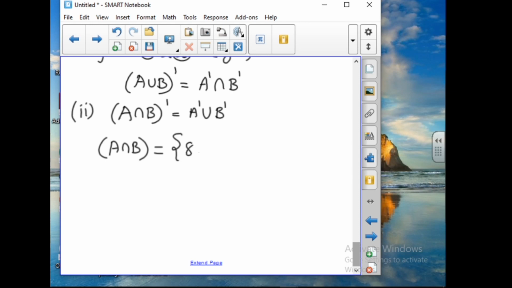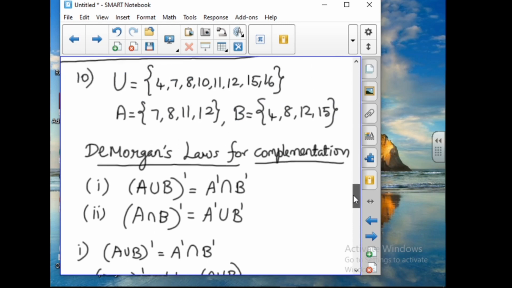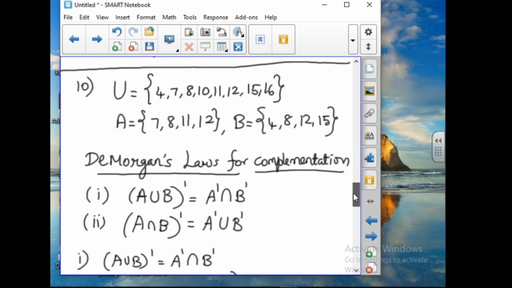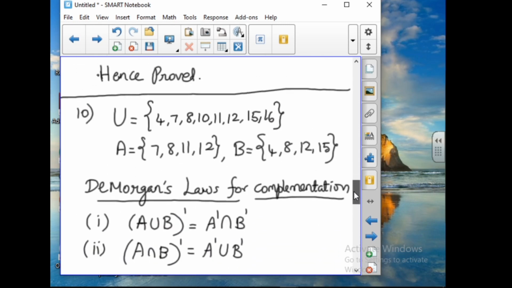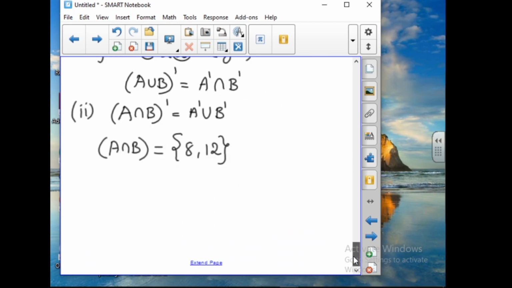A set is 7, 8, 11, 12. B set is 4, 8, 12, 15. Okay. So the common elements are 8 and 12. So this is your A intersection B.